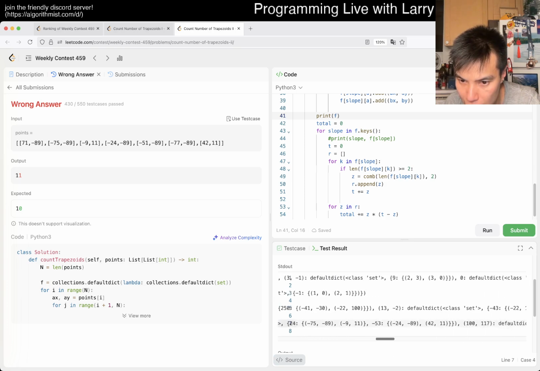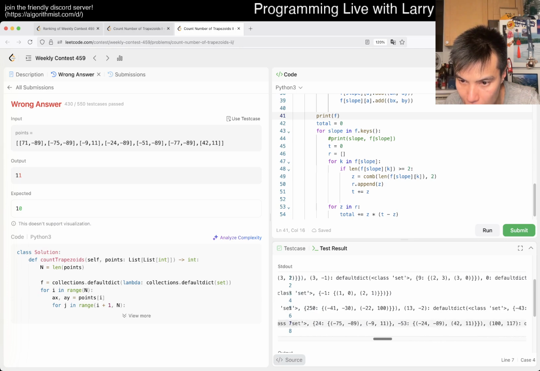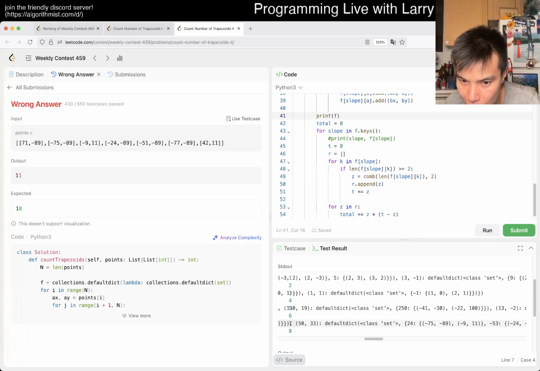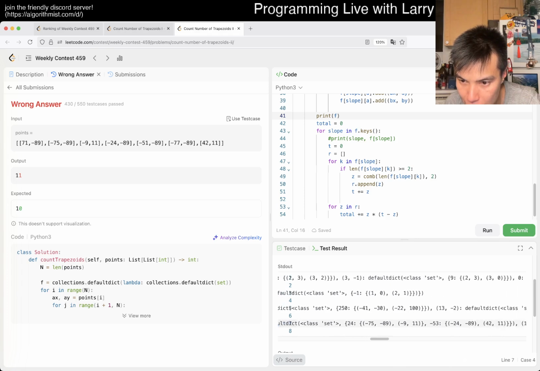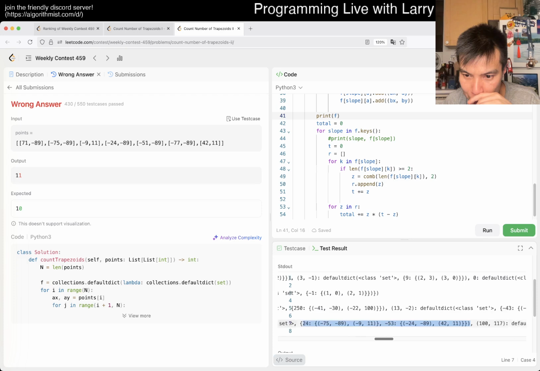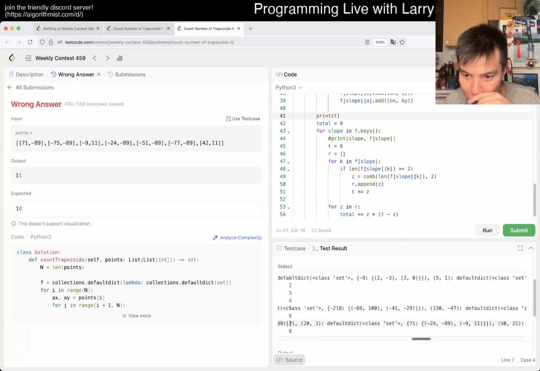5033 doesn't do anything. Wait, no, this is the one that does something. 5033 is the one where there are two things, and this creates the extra one. Why is it wrong though? Am I wrong? I think that's the one that causes the extra thingy.